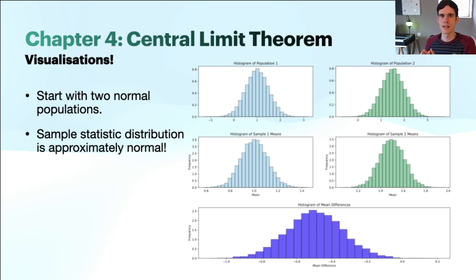It says that these sample statistics histograms will always approximate a normal distribution even when the underlying populations are not normally distributed. Now, of course, you might or might not believe that when I just say it to you, and therefore, in the next lesson, we will actually simulate this scenario such that you can see it for yourself and thus experience the real power of the central limit theorem.